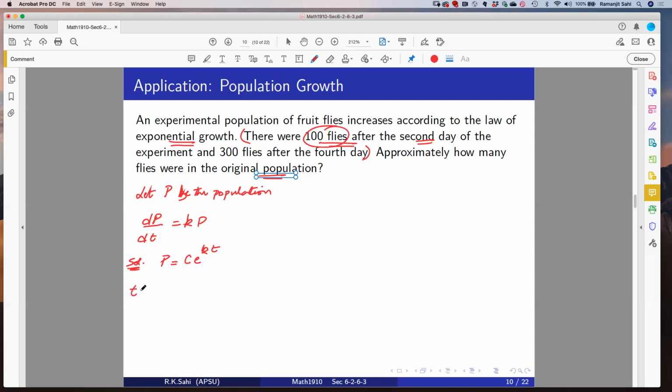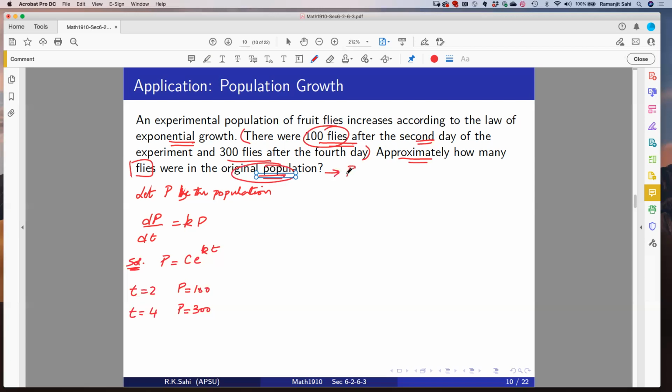That means when t is 2, the population of the fruit flies is 100. And after the fourth day, there are 300 flies. That means t is 4. Now remember, the time is in days. The population is 300.